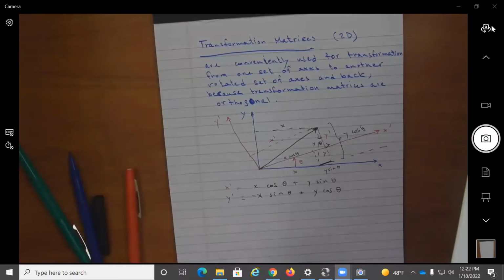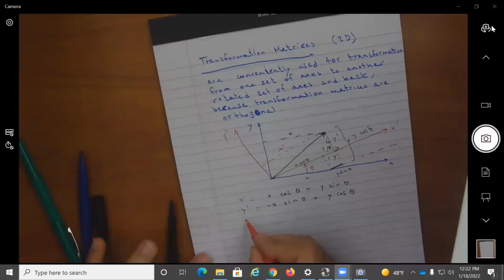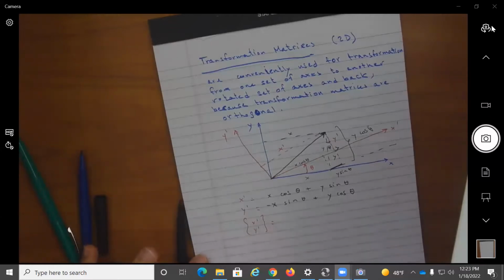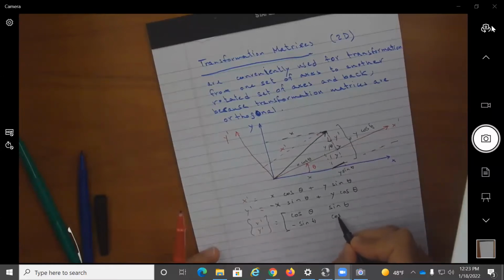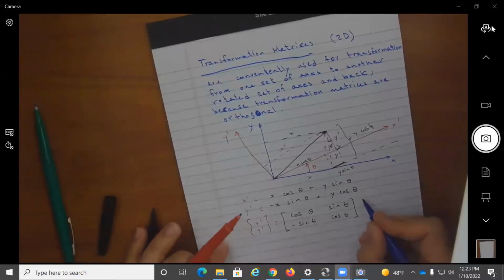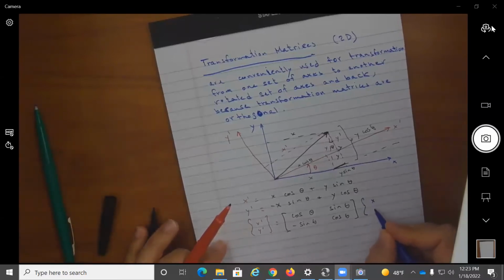Now I can write this in matrix form as X prime, Y prime, column matrix that represents a vector in 2D, is equal to cosine theta, sine theta, minus sine theta, cosine theta, multiplied by x and y.